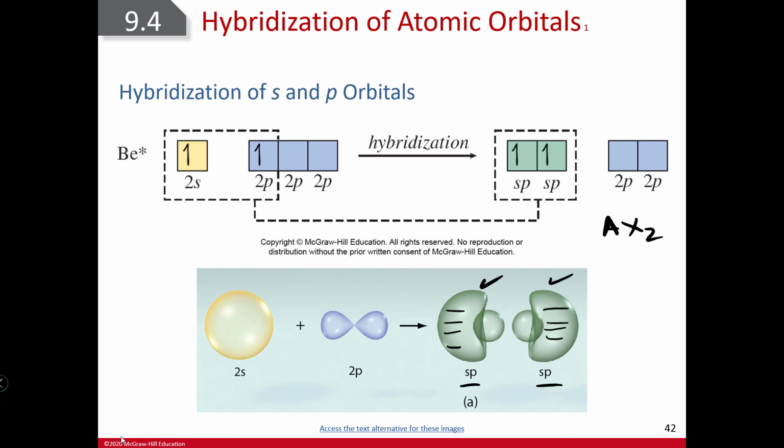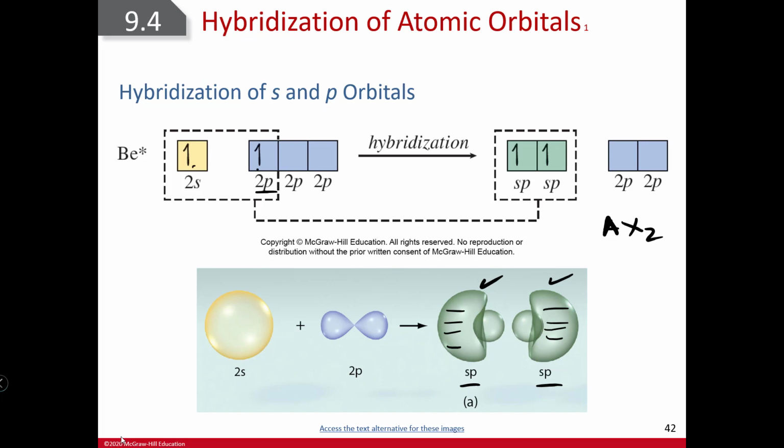So here's what's going on here. Beryllium only has two electrons in the valence shell, it was 2s. So what happens is the 2s electron jumps up into the 2p, or we combine it with the 2p. I don't want to say jumps up. I want to say we are applying a new theory and we just take the electron out of the 2s and put it in the 2p.